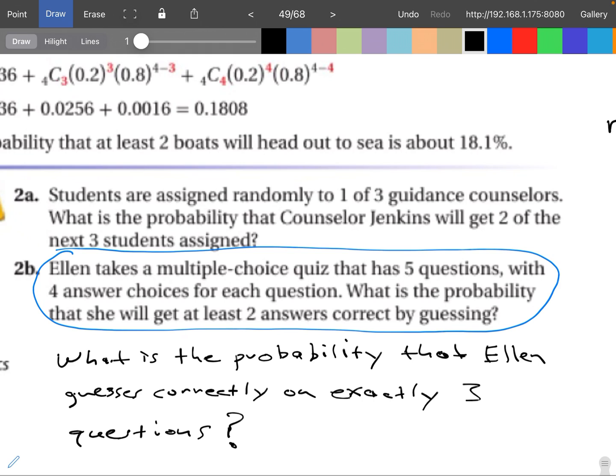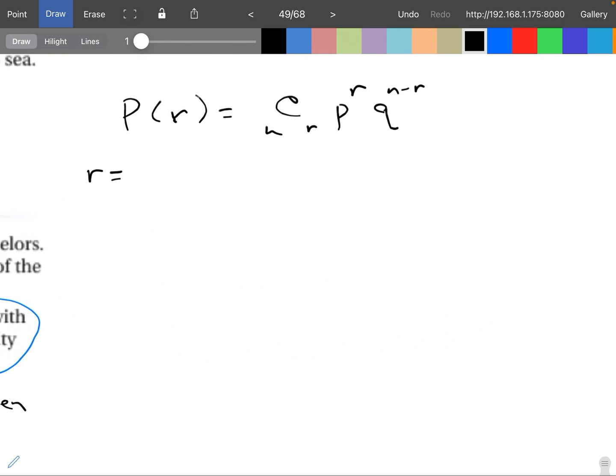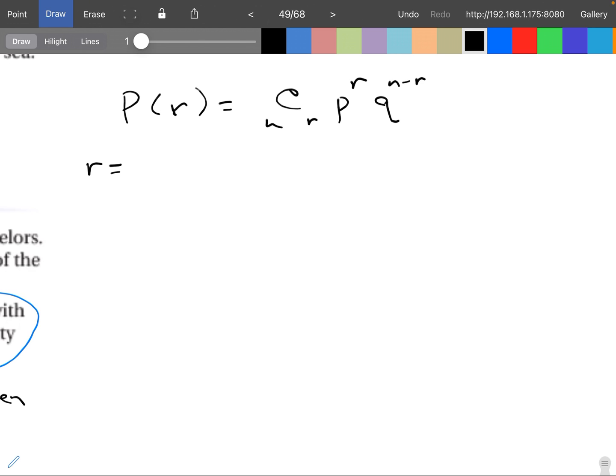The one that I wrote, not the one that I circled in blue. How many? 3, yeah. We want her to be successful 3 times, right? She's going to guess correctly on 3 of the 5 questions. So that means R is going to equal 3.